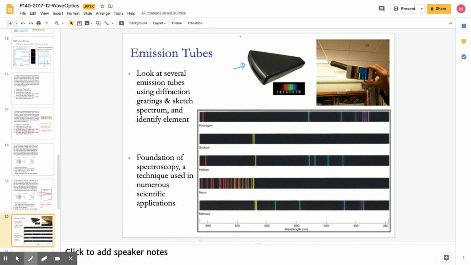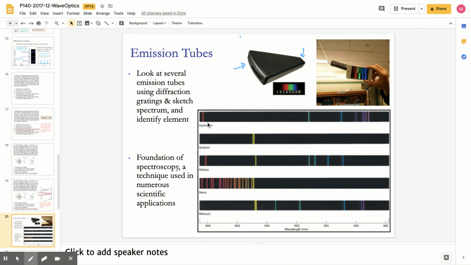And what we can do is just look through on the shorter side and look at different lamps. So we can look at a hydrogen lamp or a sodium lamp or helium lamp, and we would see these different patterns. Our diffraction grating is on the bigger side and we would point that at the light source, look through with our eye on this short side, and we would be able to see something like the scale that you see just below it.